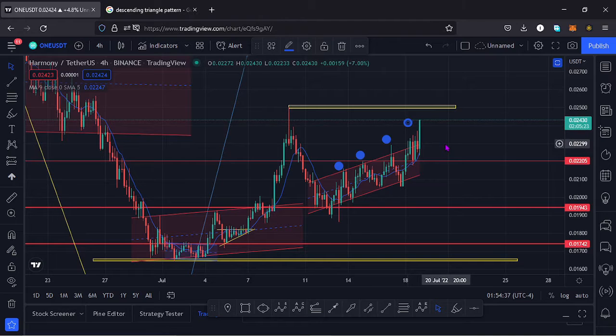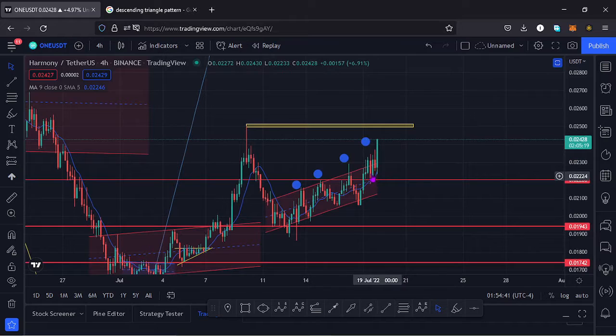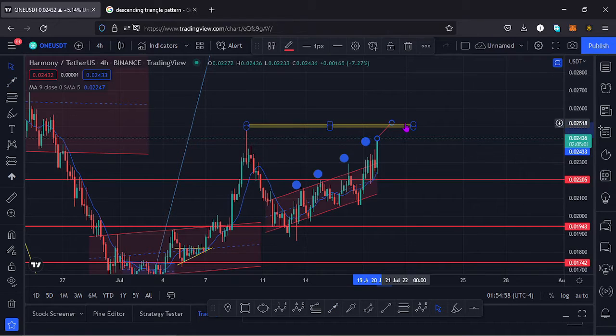That brings me to the very first key scenario that I expect to play out here. Now that yesterday we broke out of that channel and above a key area of support, it's possible that we continue pushing to the upper side, and in that movement I first expect us to go to this yellow target up here, which is at around the $0.25 mark, which is the high that we made over here.